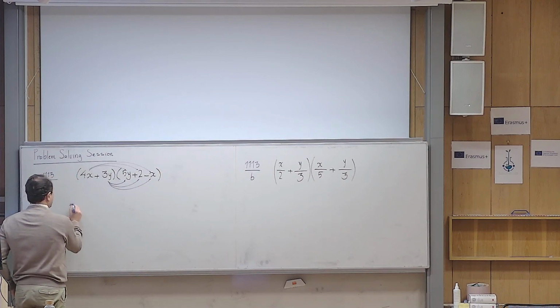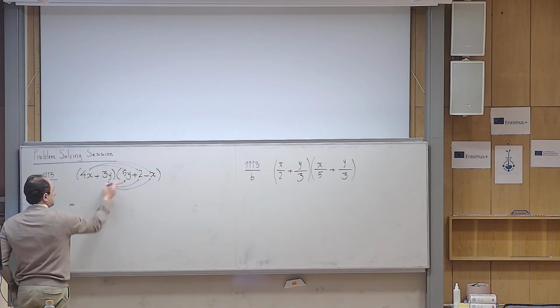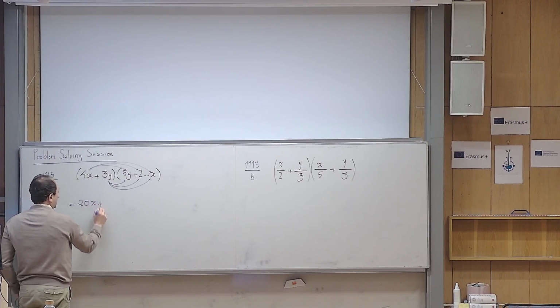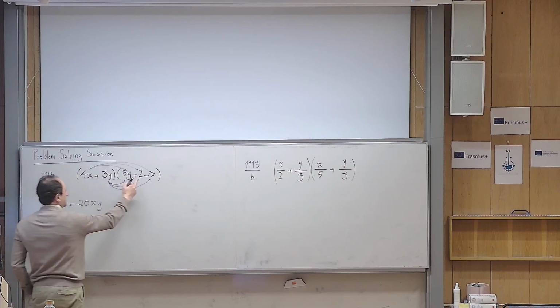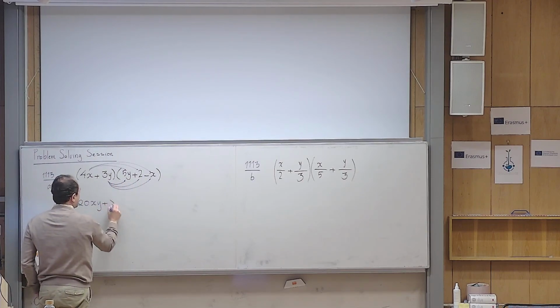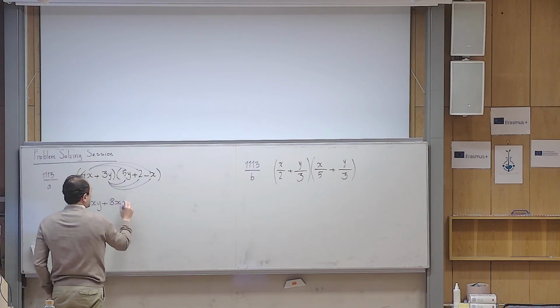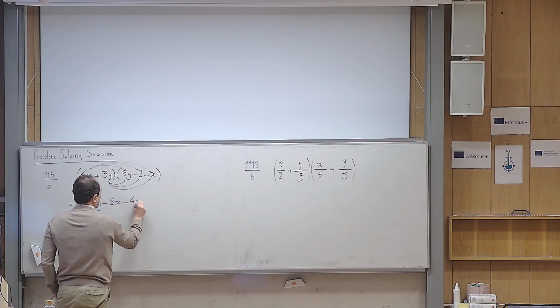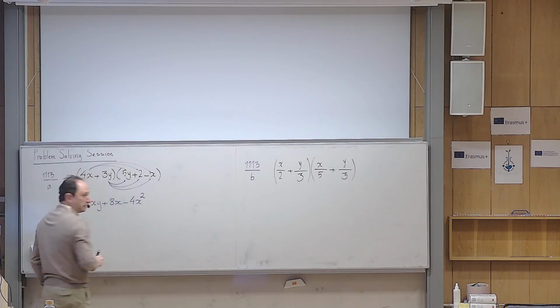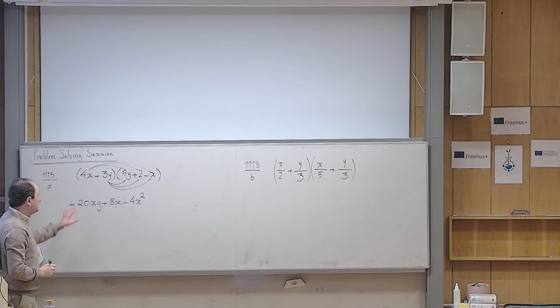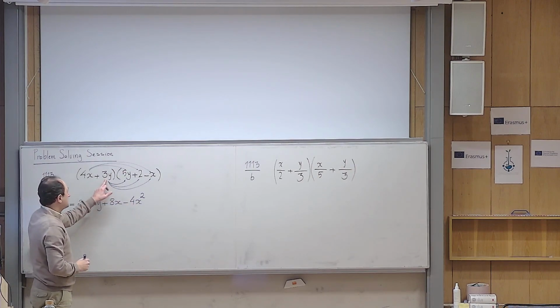So this becomes equal to 4x times 5y is 20xy, yes? And 4x times 2 is plus 8x. And 4x times minus x is minus 4x squared. Yes? And when this is finished, I go to the next one.